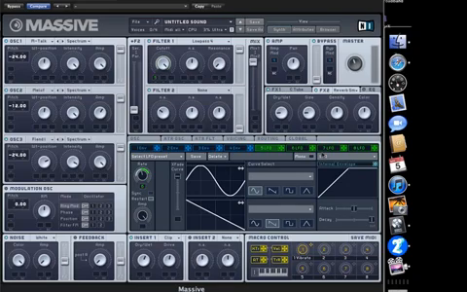It gives it just a bit of variation. I then brought the amp down a little bit to get some modulation on the amp, and then I had it to about there or so.